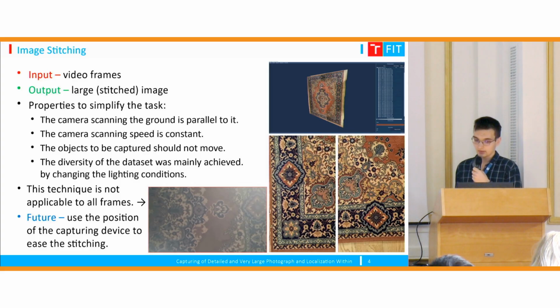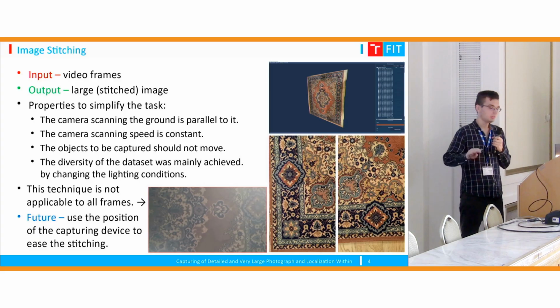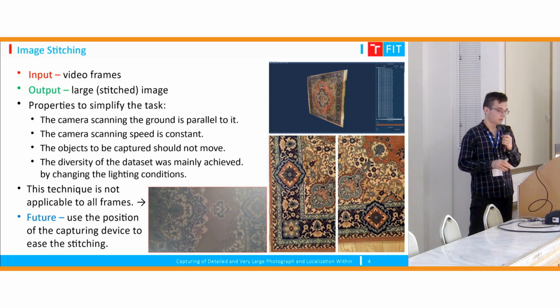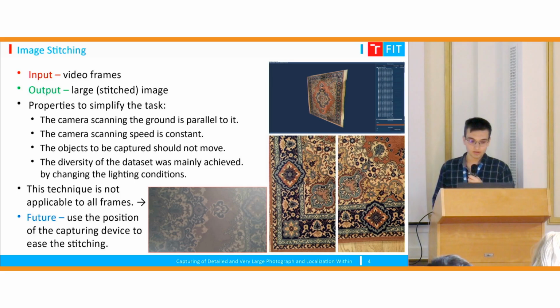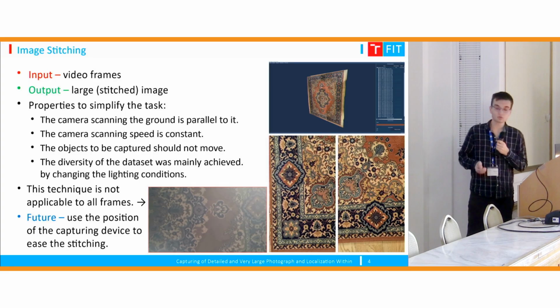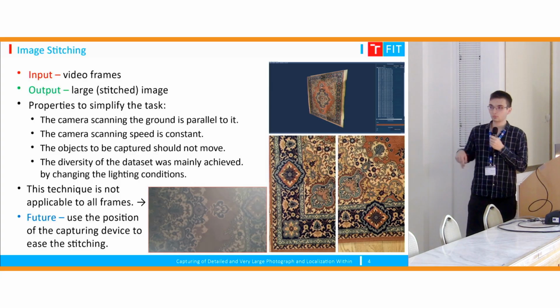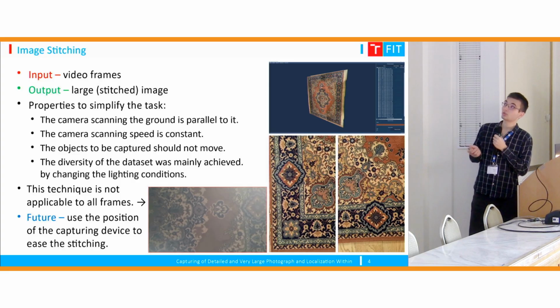The main one is that the camera should be parallel to the ground, so there aren't many differences or convolutions in the scanning process. This technique is not very applicable to all frames. I tried even in the dark or using flashlight images, but it didn't work for normal stitching algorithms. In the future, I plan to use the localization of the capturing device to help with the stitching.